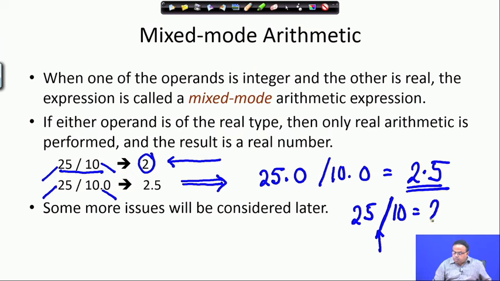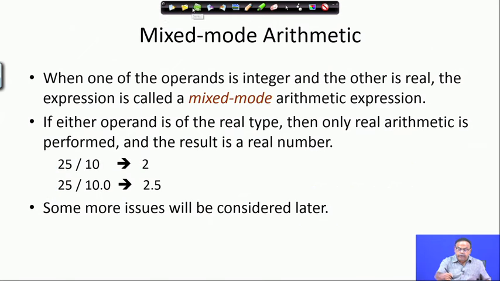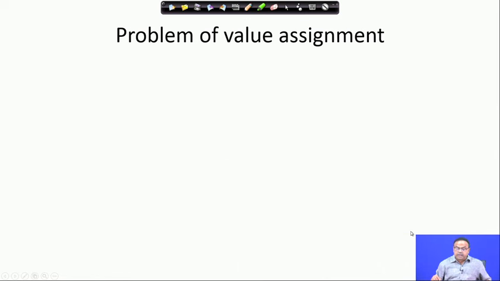The quotient is 2. If I had done 25 modulus 10, what would my result be? The result would be 5, another integer. All right. So, we could understand what is meant by mixed mode, real mode and integer mode of arithmetic. We will see some more things later.